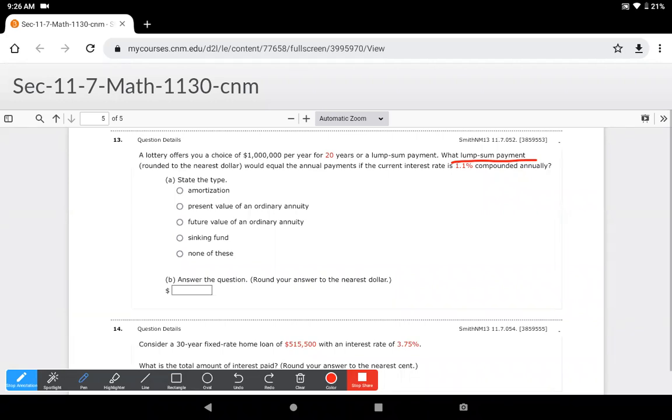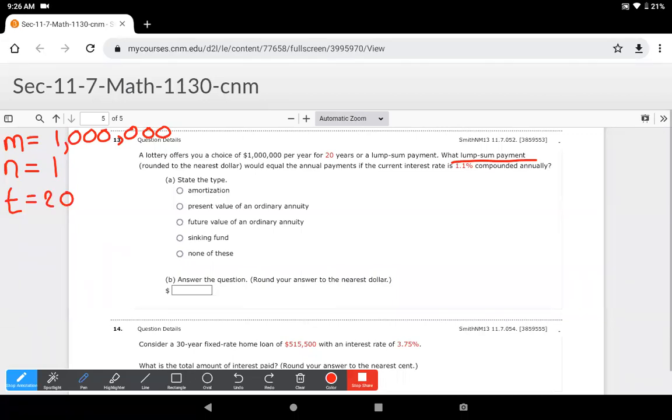Okay, so they're giving us regular payments of $1 million per year, right? So M is 1 million, N is 1 because it's annually, T is 20. What else do we have?